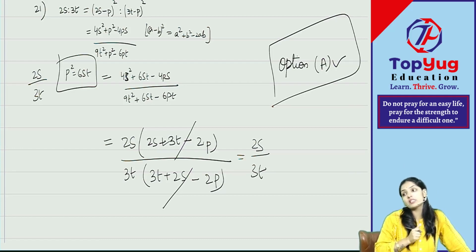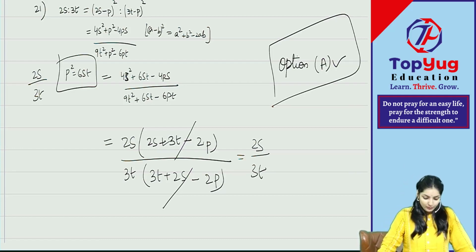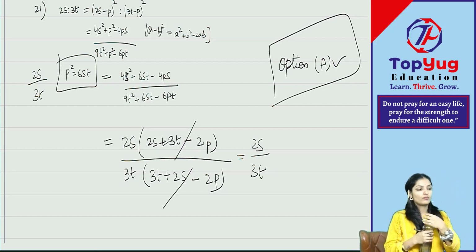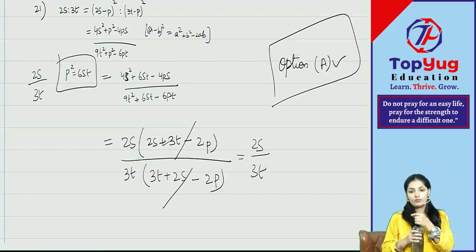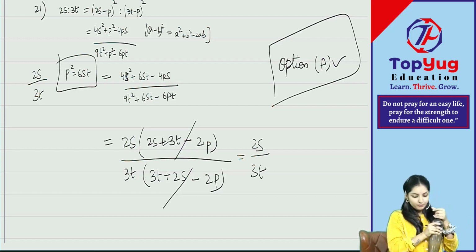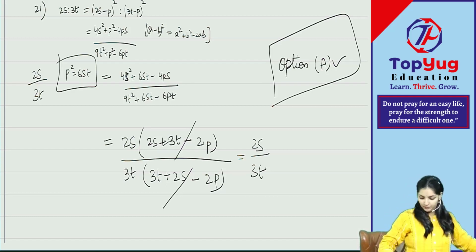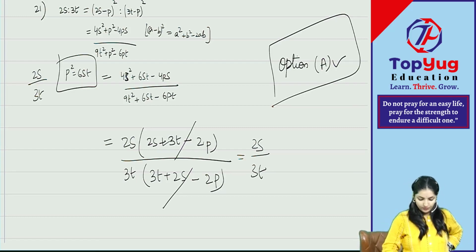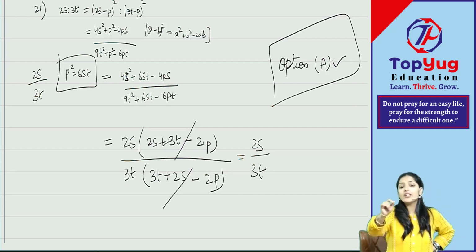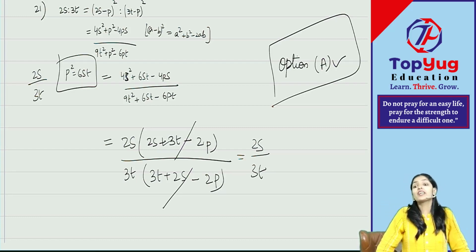So 2 is to 21 is the answer. 10th one, just rectify it, everyone. Two is to 21, 7 into 3. In the denominator, 3 is also left over. We had put just 7 yesterday.